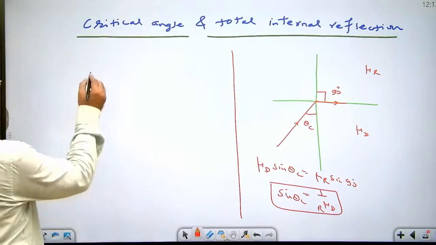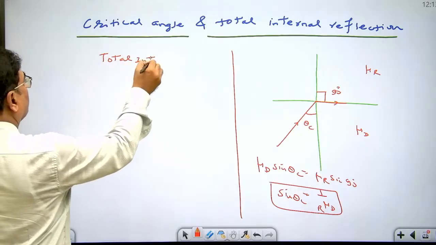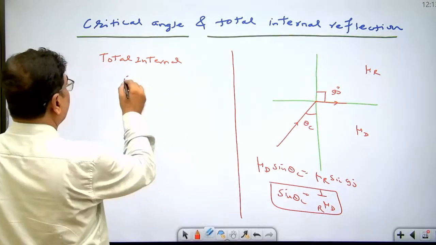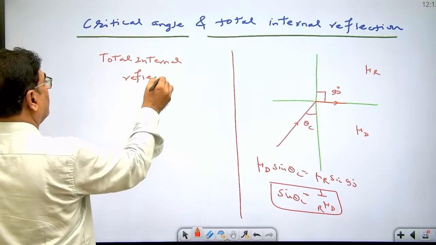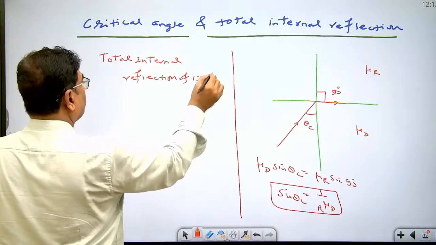Now, dear student, what is TIR? Total internal reflection of light.